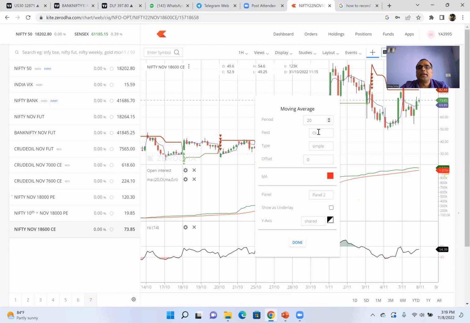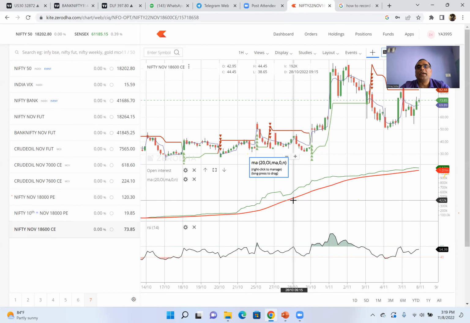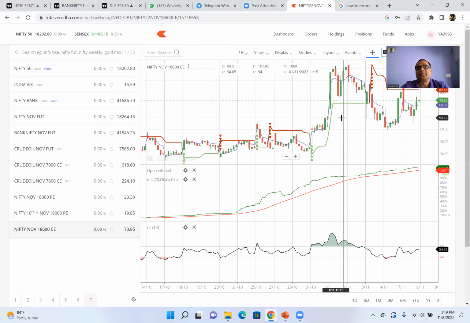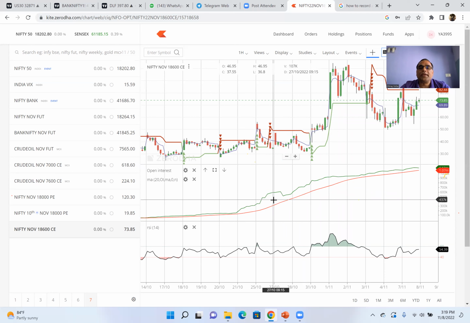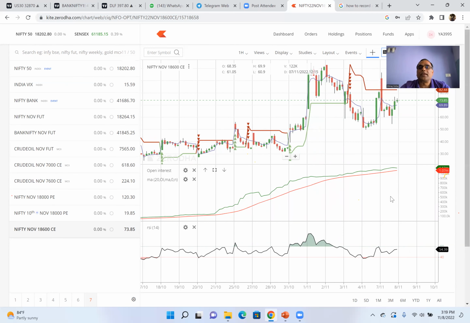If you select OI, this moving average will plot on the OI chart as opposed to on the candle chart. So this is the OI. As you can see, the OI has been going up. So there are still option writers who think 18,600 will not get taken out, but your RSI is pretty much not giving you that entry.